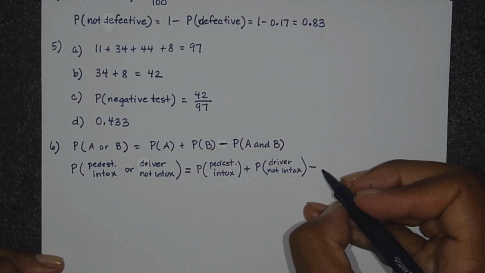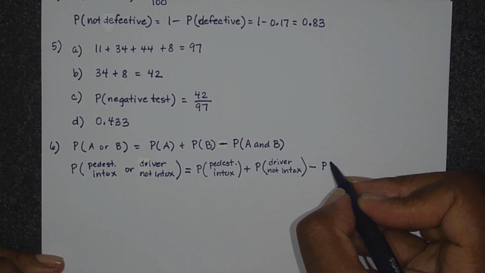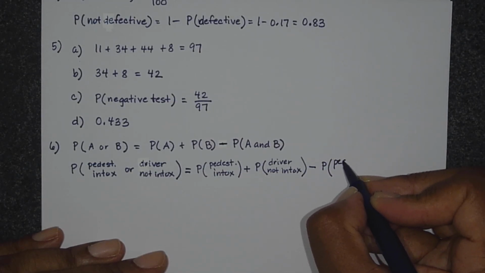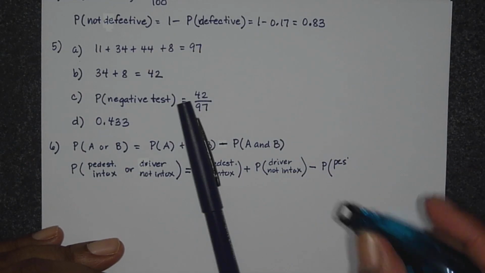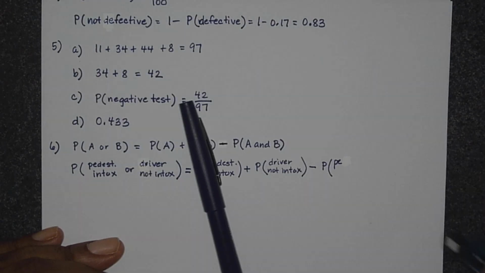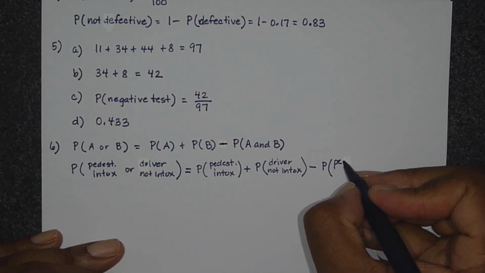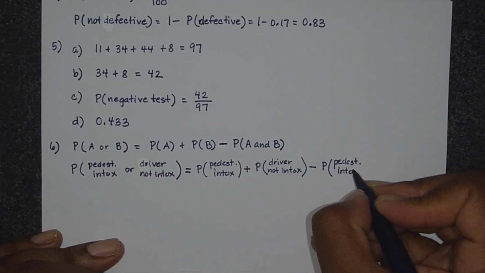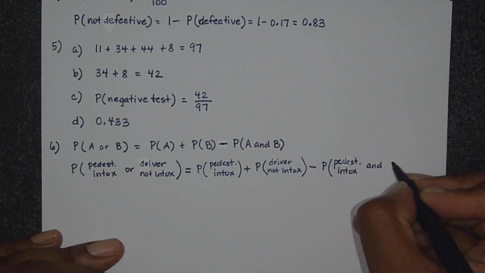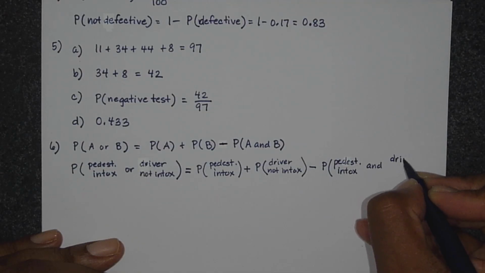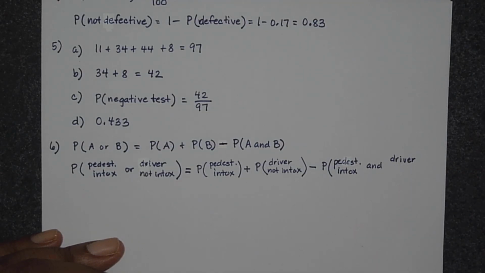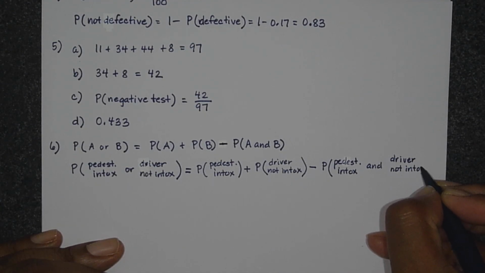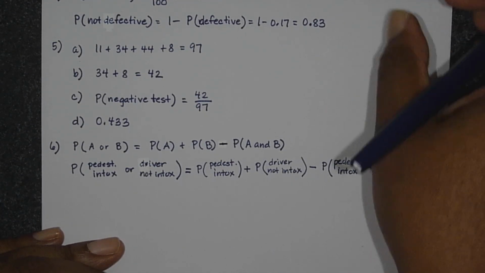And then we subtract out the overlap. The probability that the pedestrian was intoxicated and the driver was not intoxicated. Okay.